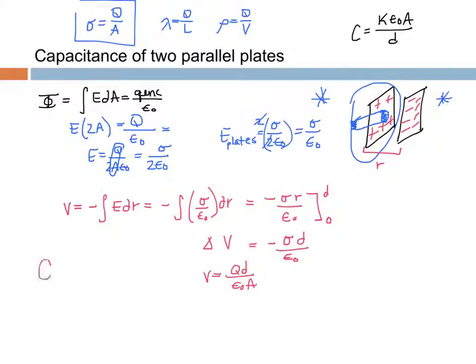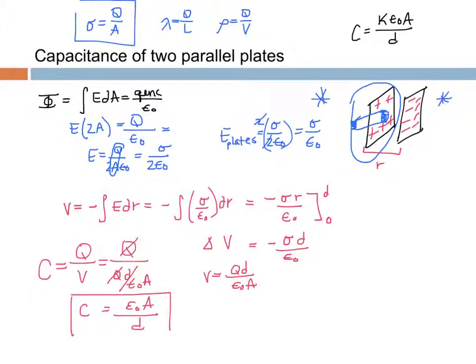And again, I'm trying to solve for the capacitance. So I put Q over V, which is Q over sigma d over epsilon naught. Again, my Q's cancel out, and I'm left with epsilon naught A over d, which again, we've already seen is a capacitance of parallel plates.